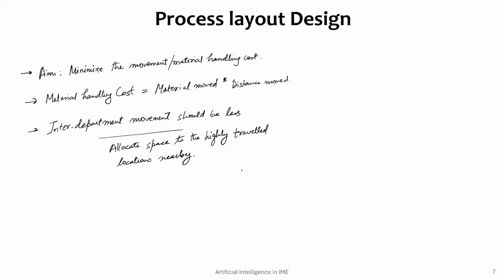So, whatever the space allocations you are performing for designing your process layouts, those departments that have high inter-department movement, they should be closer than other departments, right.